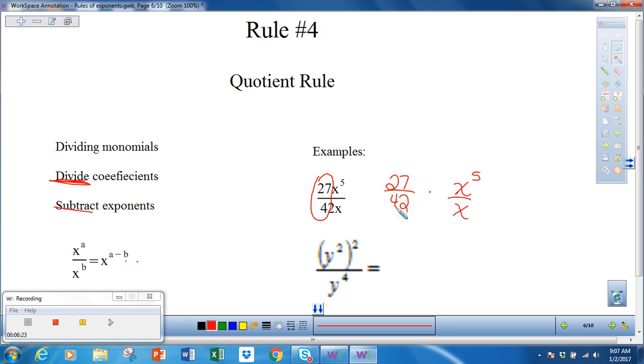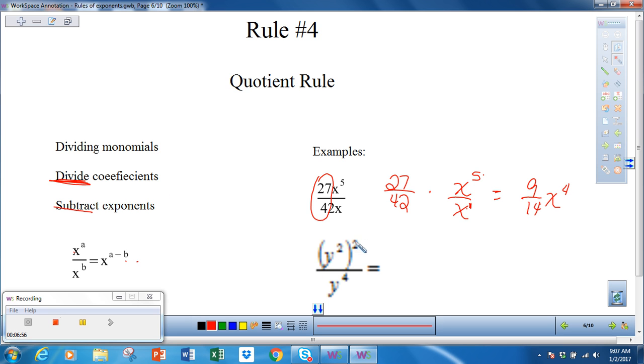Let me do that for a second because I don't feel like doing it in my head. We get 27 divided by 42, math fraction on the calculator, which gives us 9 over 14. Now, we did not subtract that. We divided. So this becomes 9 over 14, and then we're going to subtract the exponents. So 5 minus 1 is x to the 4th.